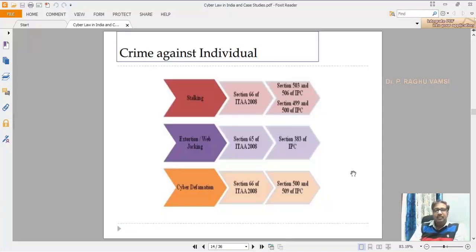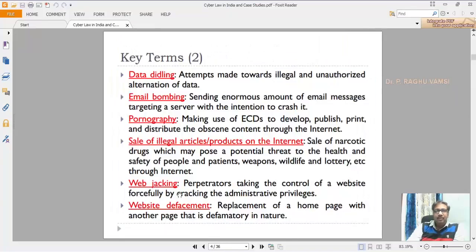Next one is exploration or webjacking. Webjacking is taking control of a website forcefully by cracking the administrative privileges.